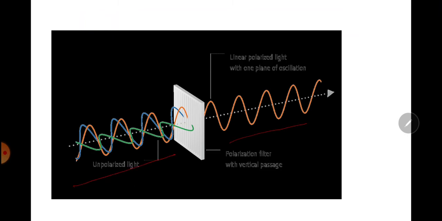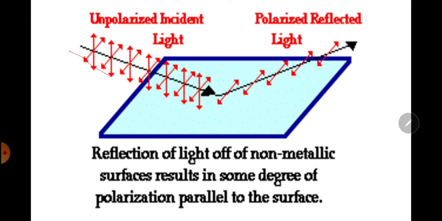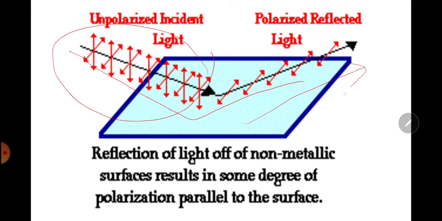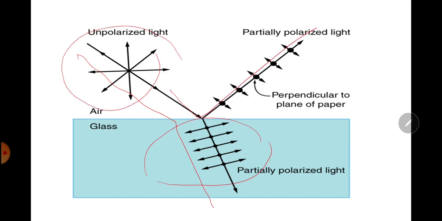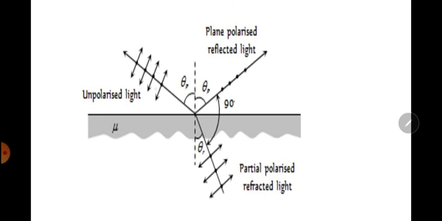Unpolarized light and polarized. Polarization by reflection. Ordinary light, and it is polarized to one particular plane, so it is called polarization by reflection. It is polarization by refraction. Polarized, unpolarized.